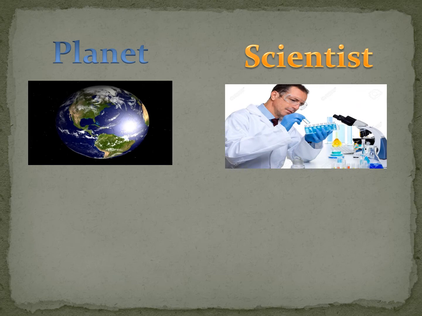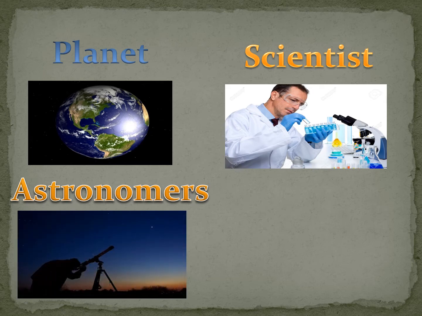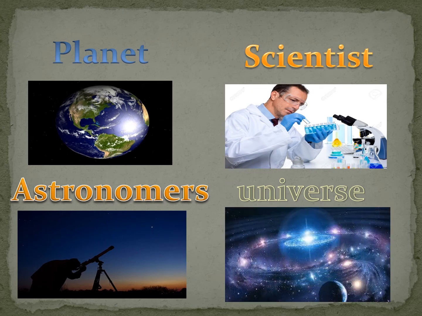Scientist is a noun which means someone who's expert in science and studies and works in one of the sciences. Astronomers. An astronomer is a scientist who studies the stars and planets. Universe. Universe is a noun which means all space, including all the stars and planets.